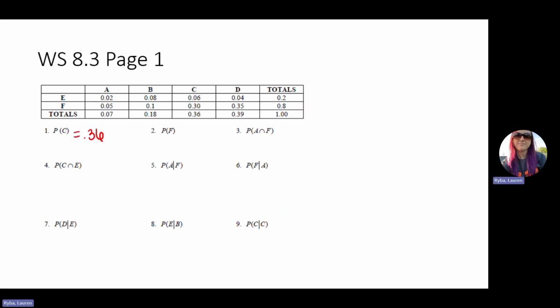So the probability that I am C, whatever C stands for, is 0.36. 36% of this table is C. Now I want to find the probability of F. F is a row, so I follow F's row all the way to its total, and that is 0.8. So 80% of the table is in F.